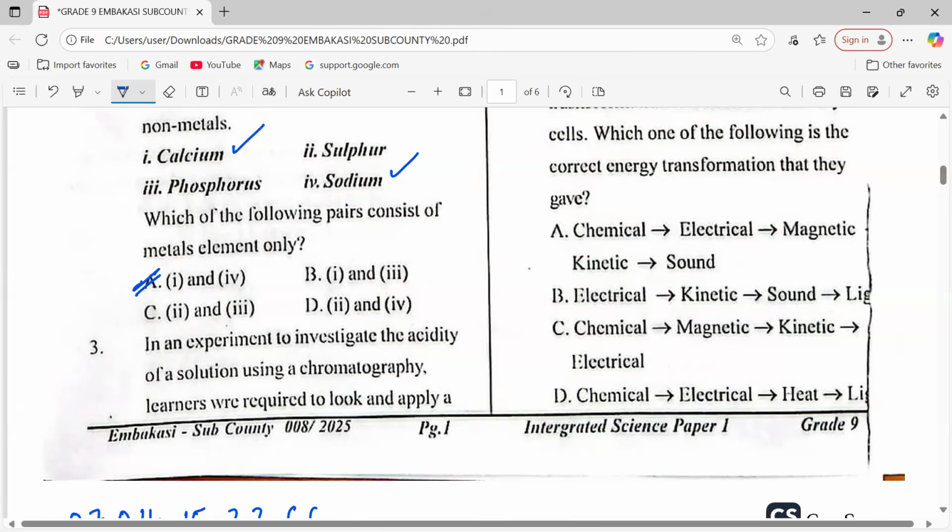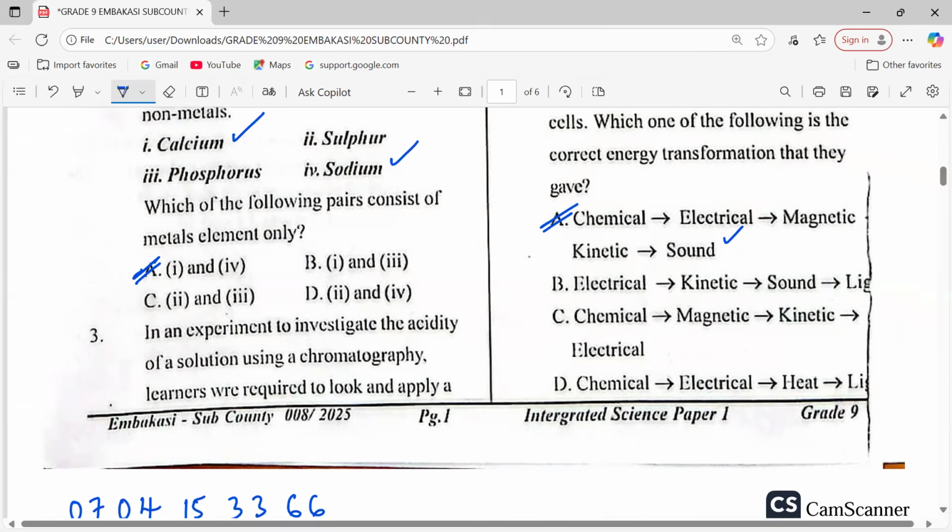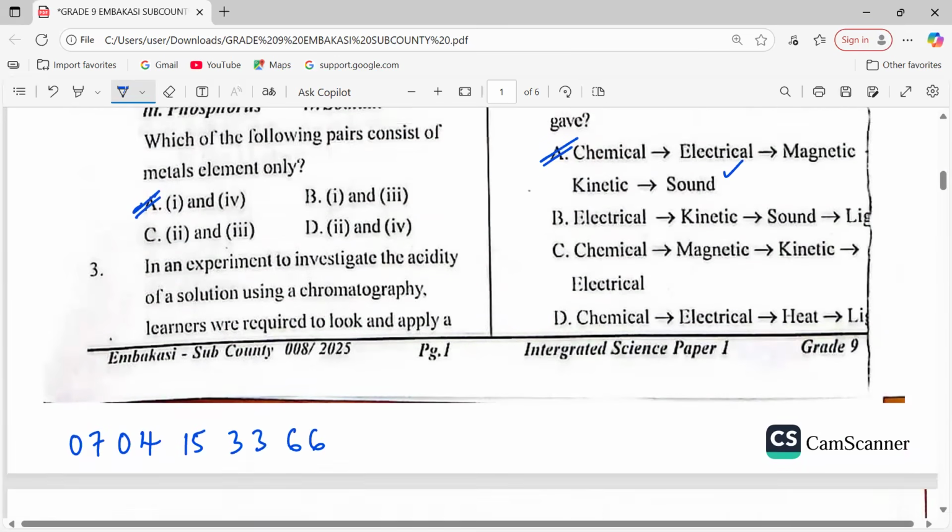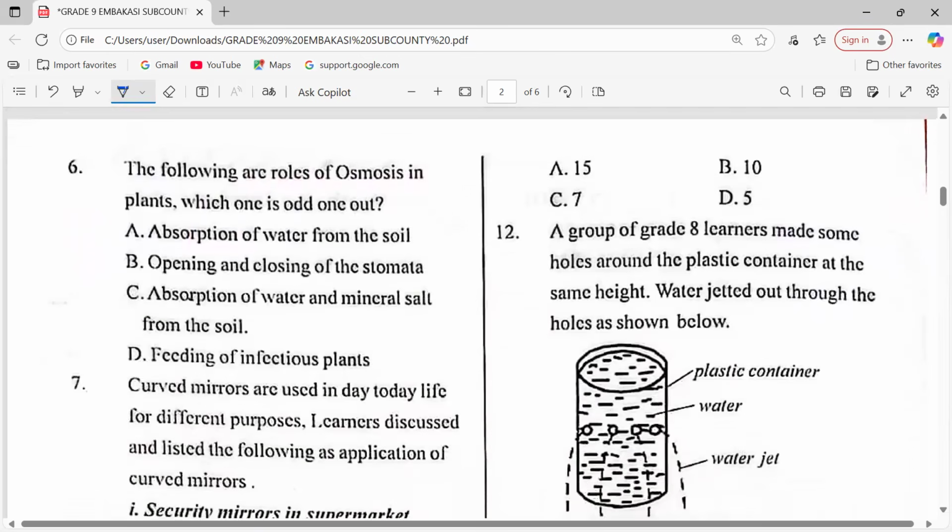From the others, you can see electrical, kinetic, sound, light, then chemical, magnetic, kinetic, chemical, electrical, heat, light. If it's a radio, then we expect sound to be the last form of energy. We know what a radio is. So A becomes the most appropriate answer.